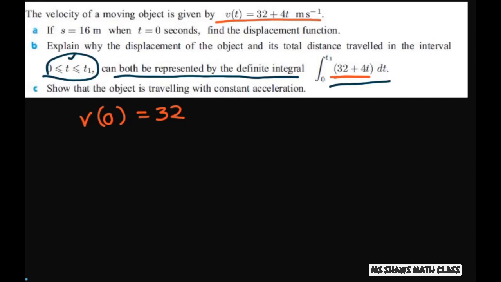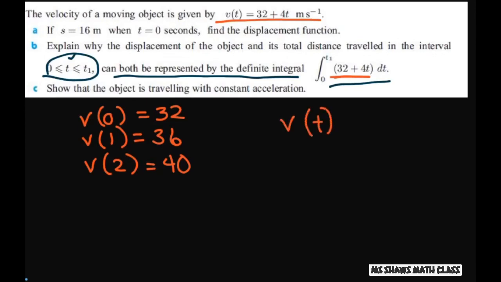And if we pick more positives, v of 1 is going to be 36. v of 2 equals 40. So basically the distance is going to be constant in a positive direction. So there's not a positive distance and then a negative. So the velocity is always positive.